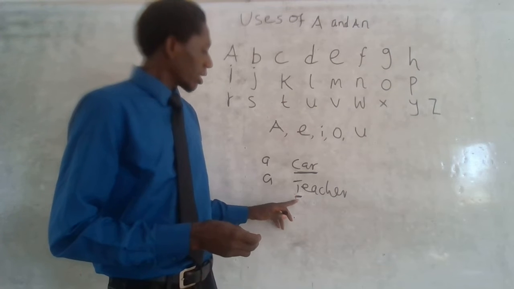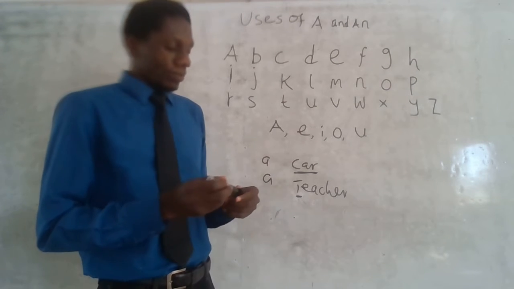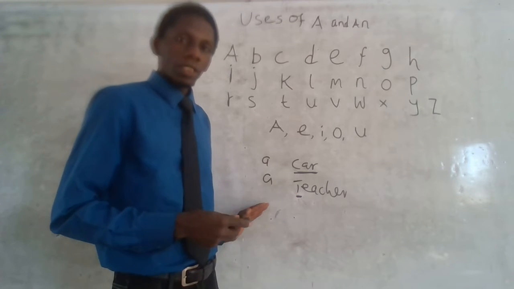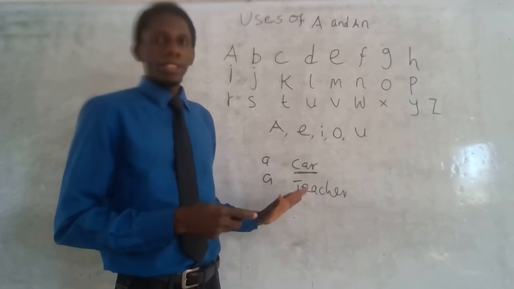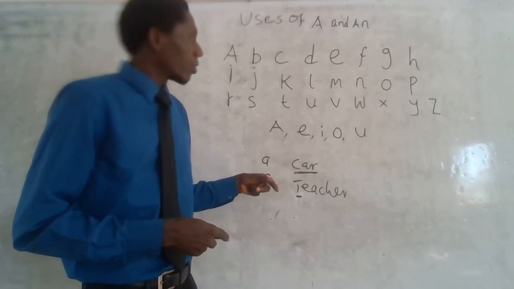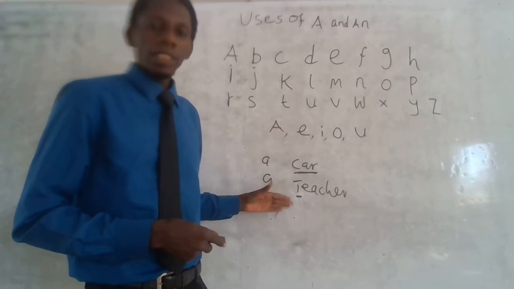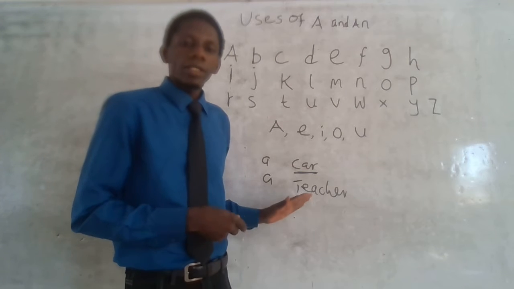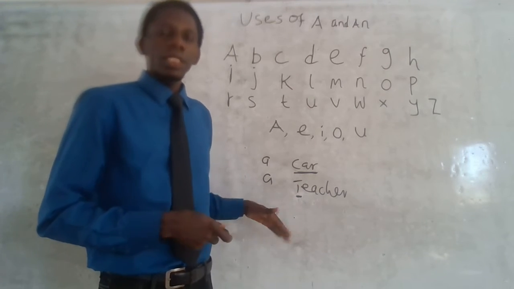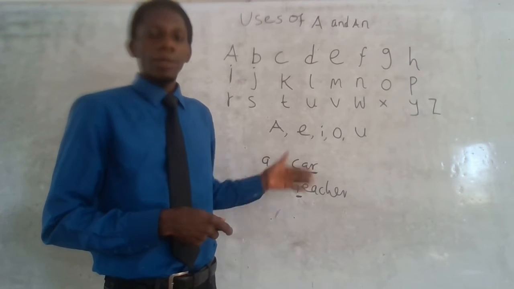Okay, so T is a consonant. So we use a to describe a teacher. And then we have so many examples where we can use a. A is also used to mention a book. For example, a book.